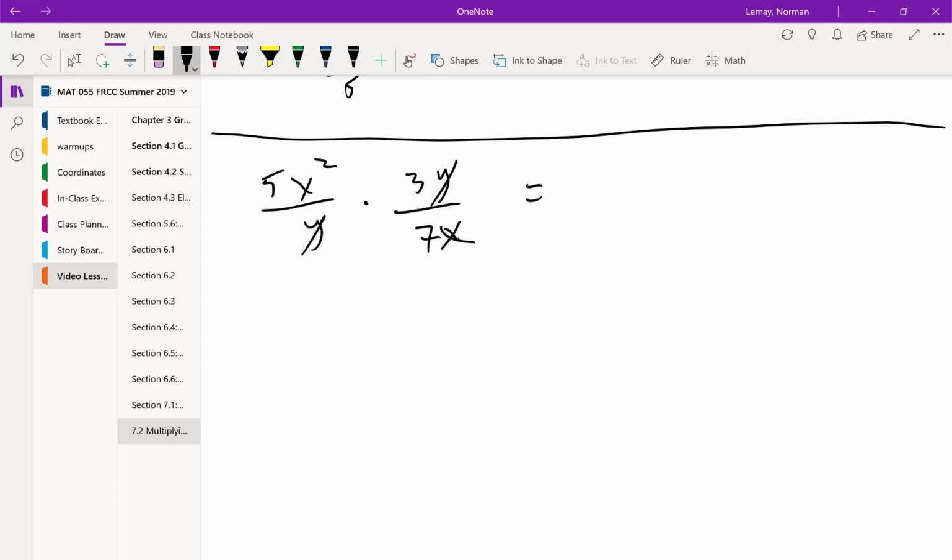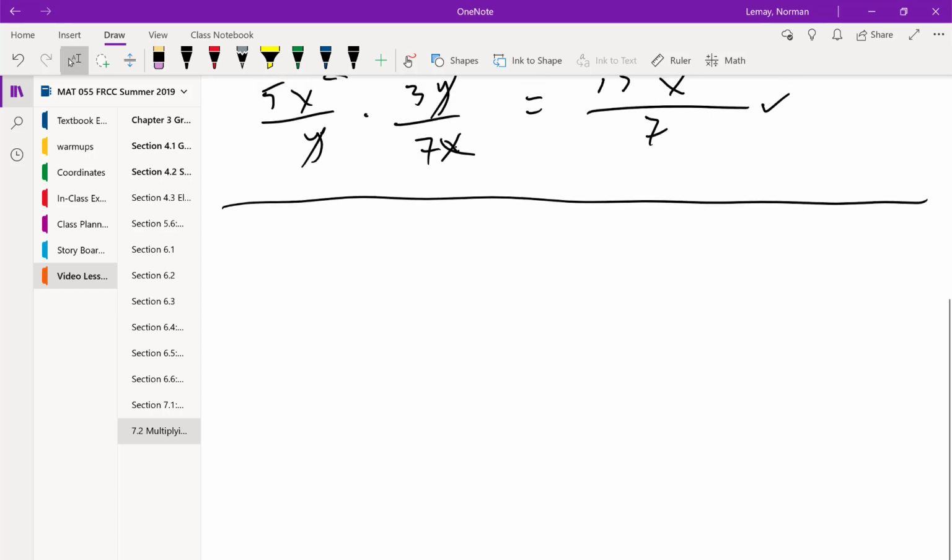Here this x will reduce that x squared to just a plain x. Nothing to do with the numbers, so 5 times 3 is 15, and what's left up top is an x. Then down on the bottom, we got rid of everything except for the 7. So the product of those two rational expressions ends up being reduced and multiplied all at the same time as 15x over 7.